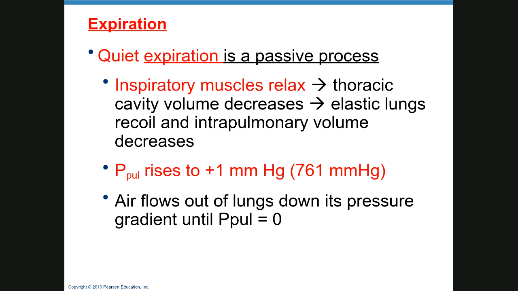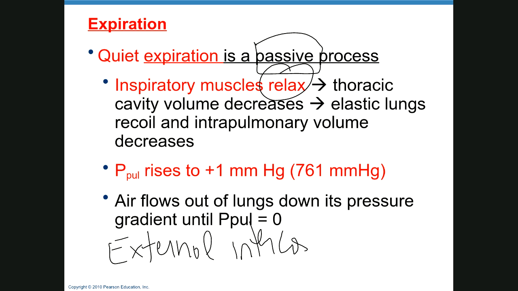Now, quiet expiration is a passive process. It does not need muscles. What it needs is the relaxation of the external intercostals and the diaphragm. That's what causes expiration. Expiration is going to be the opposite event.